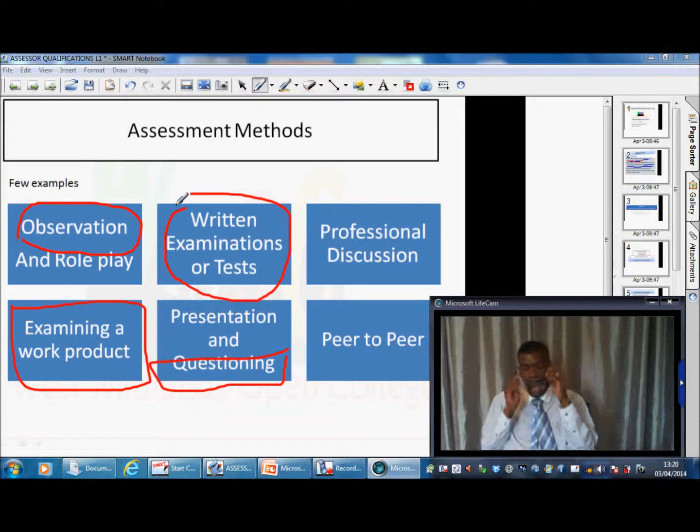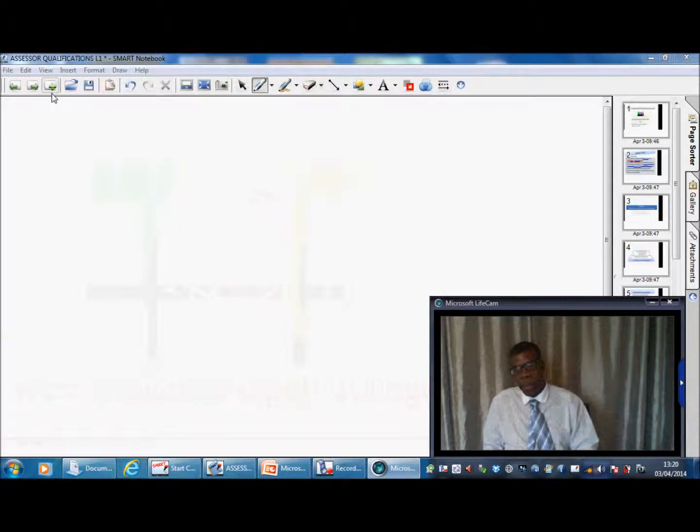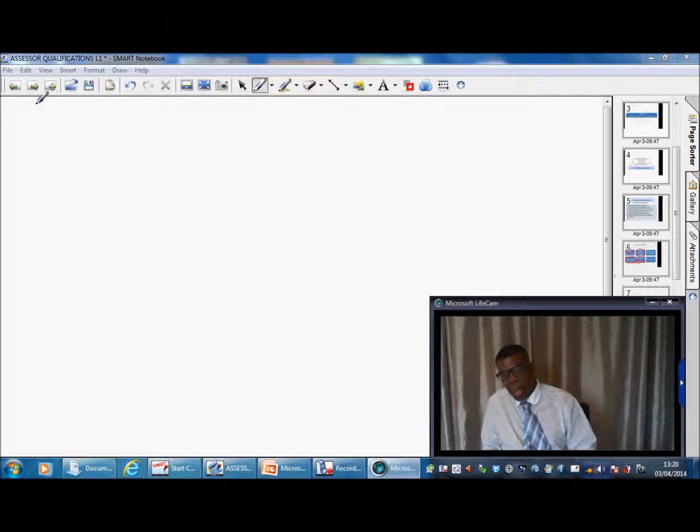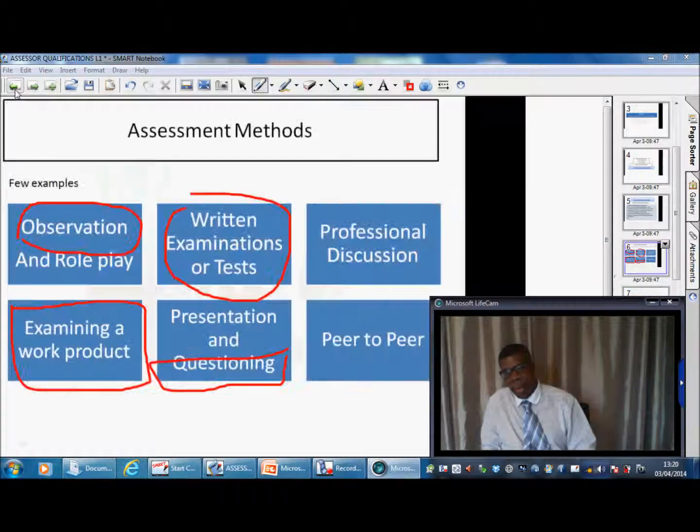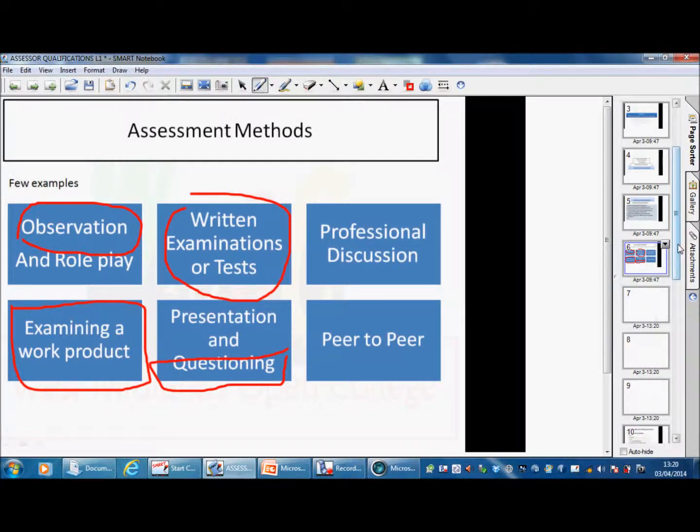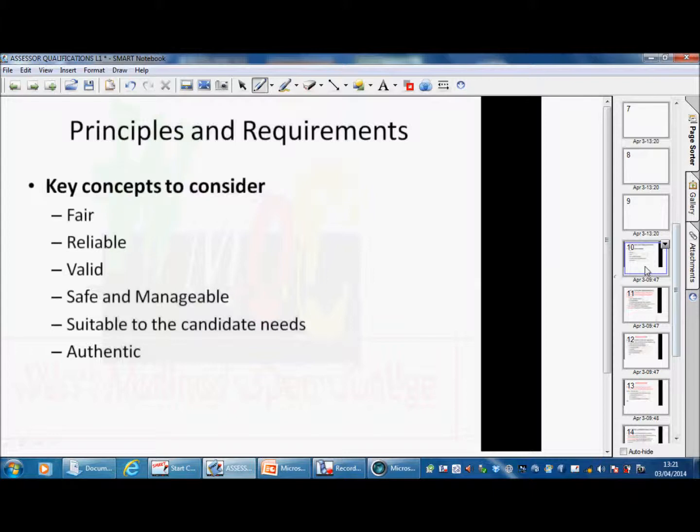Let me continue to the next session, which is... I beg your pardon, I've just paused over there. I think I've added extra pages by mistake. What I will do, I'll go back to the slide and I'll just click on the right page.